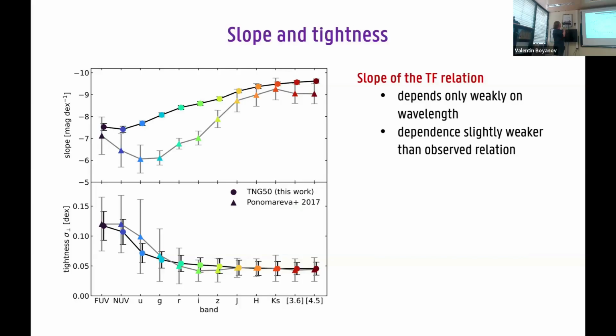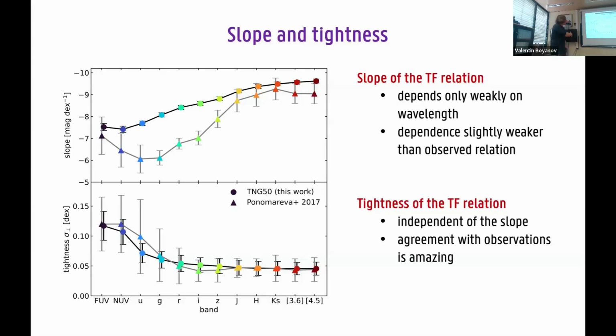And you see, our dependence on wavelength is a bit less outspoken than it is in the observations, but we're not that unhappy with that. If you look at the tightness of the relation, the bottom plot, how tight is the relation, it's embarrassingly in agreement with the observations.